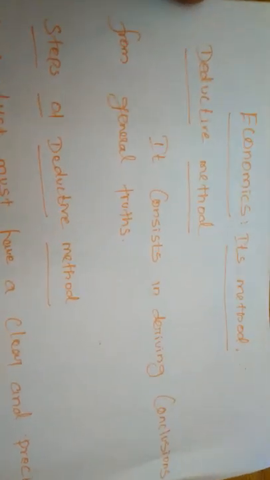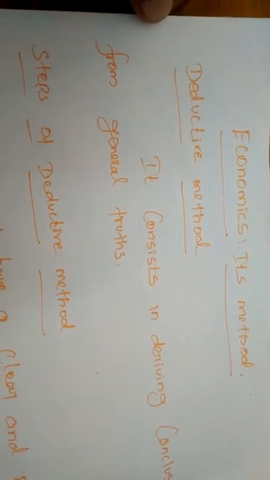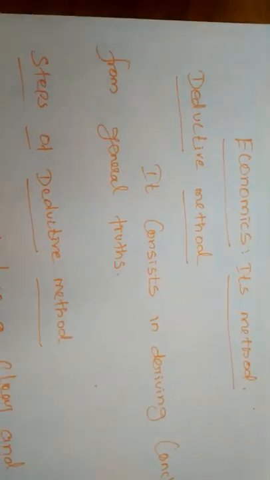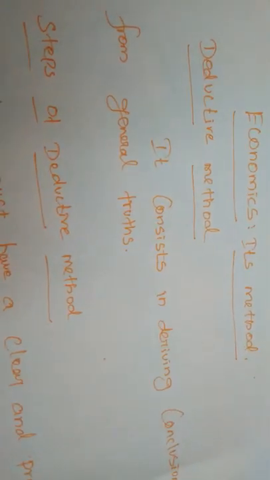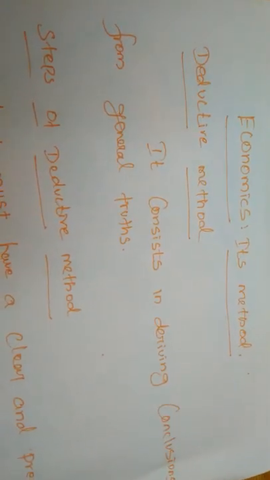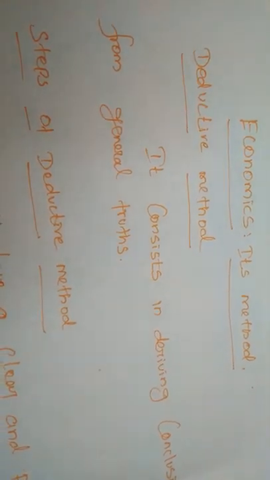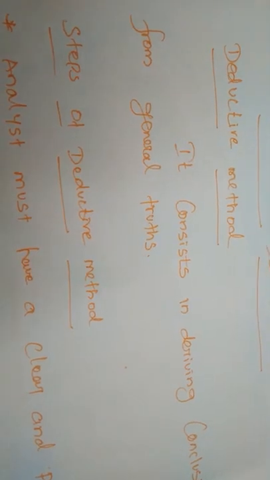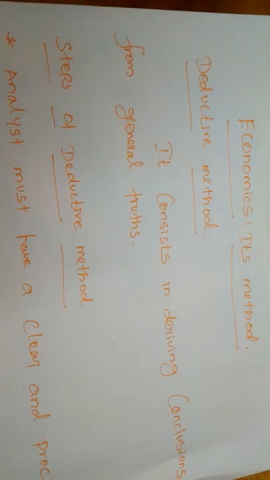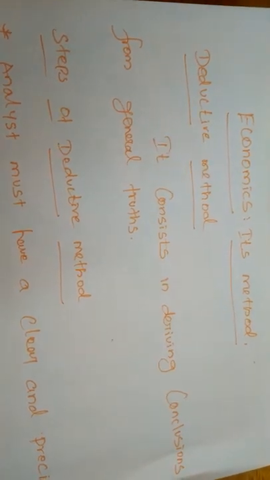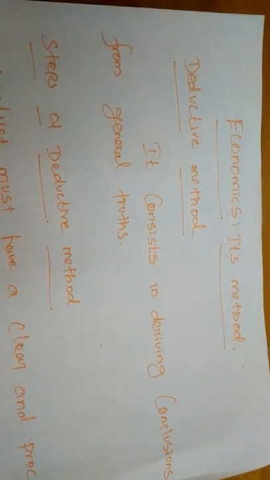In the deductive method, it consists in deriving conclusions from general truths. If you want to derive any conclusion about economic laws or generalizations, you have to derive the conclusion from the general truth only.